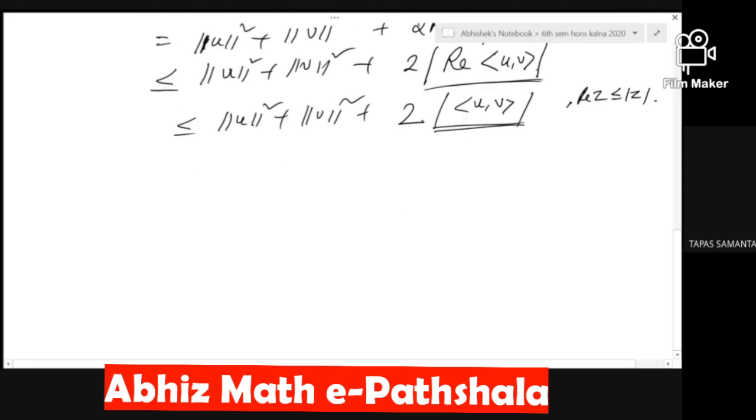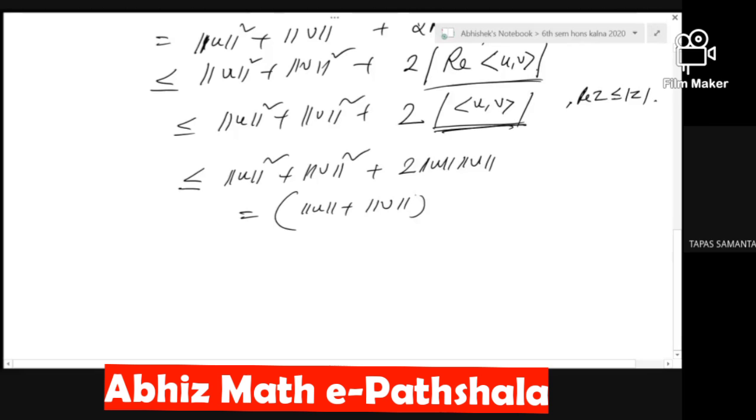Now, from Cauchy-Schwarz inequality, we have already obtained that it is less or equal to norm u square plus norm v square plus 2 into norm u norm v. So that means it is norm u plus norm v whole square.